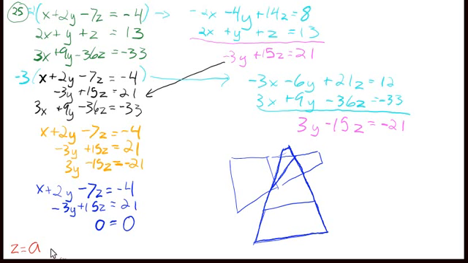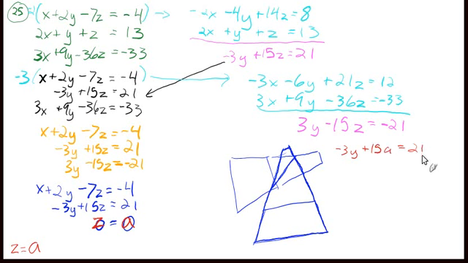So we take that a, and pretend z equals a. Instead of 0 equals 0, pretend z equals a, and now do the whole process of back substitution with this a, then solve for y and solve for x. So let's plug in the a for this z, and we'll go with negative 3y plus 15a.